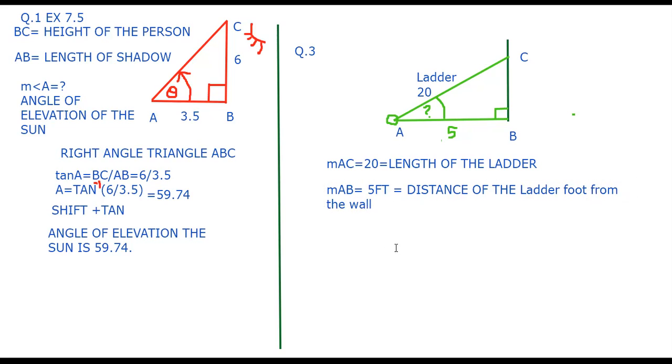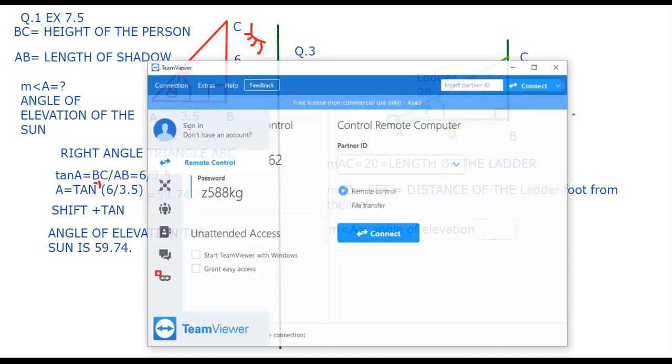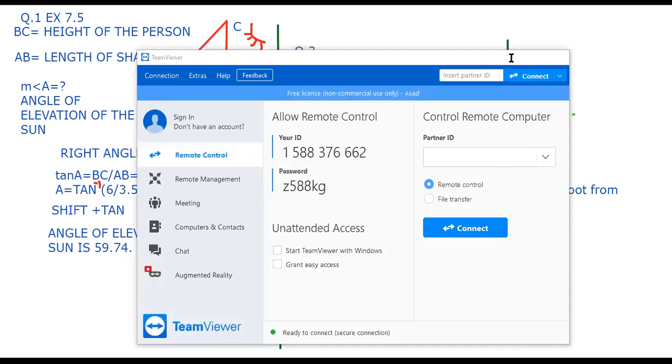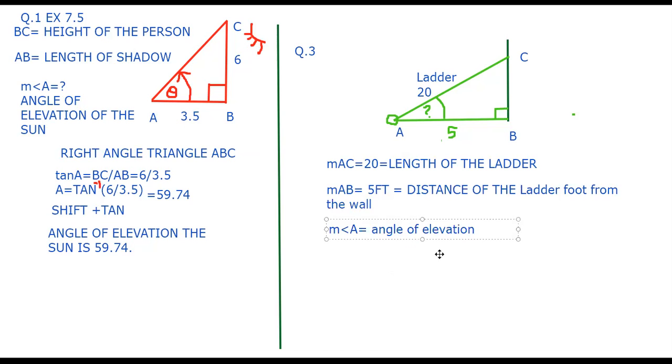And then obviously what else do you need? We need to find angle A. So you will write here angle A, that will be the angle of elevation, and it has been asked it will be acute, means that it will be less than 90. So same procedure will be done, and for that purpose you will apply the right angle triangle.